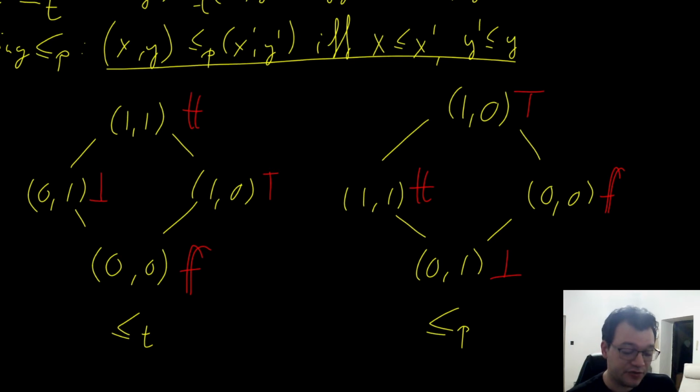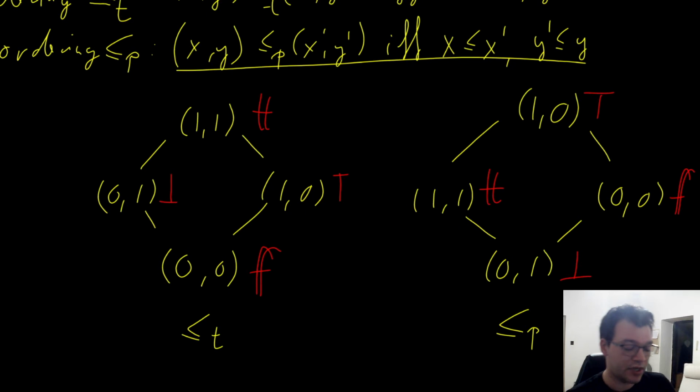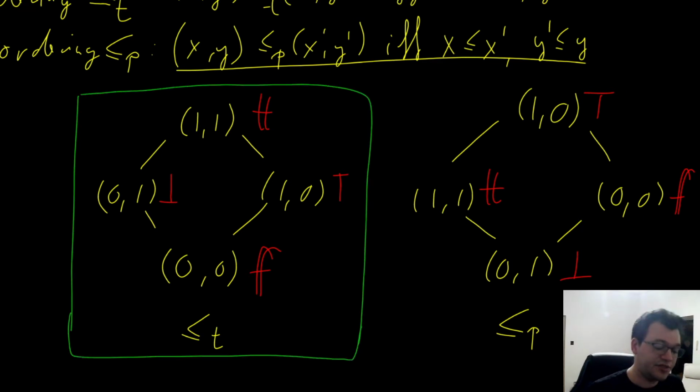Now, if you think a bit, conjunction and disjunction in this poset are the same as taking the supremum and infimum, if you just look at the classical variables.